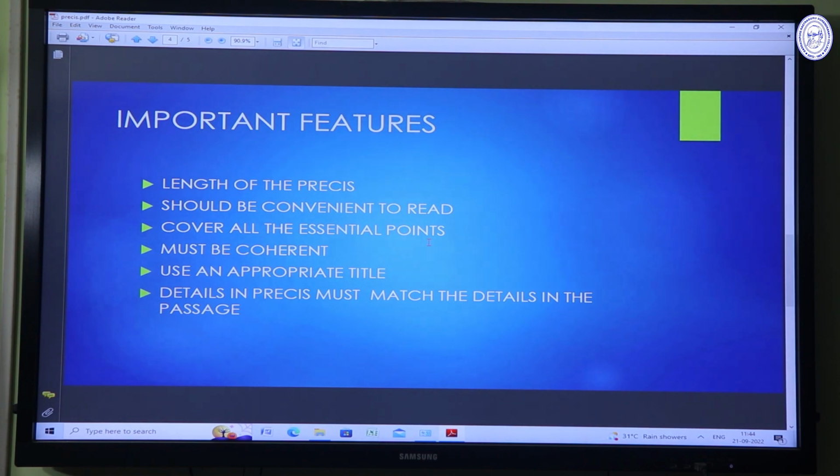Now, when you decide the title, what will be the matters of consideration? What is the passage all about? What is the central thematic consideration? Don't write a random name as a title. Choose something which you think will cover the entire thematic portions of the passage. So, writing the title is the most interesting part.